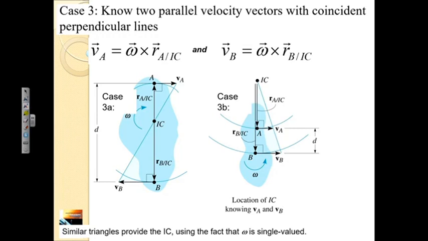I, J, K for my cross product. K crossed with J is minus I. So V_O is minus R times omega. The velocity at the center of my wheel is equal to negative the radius times omega.